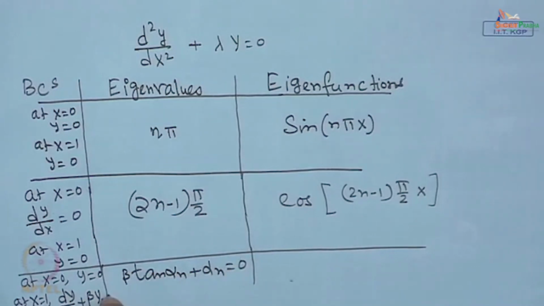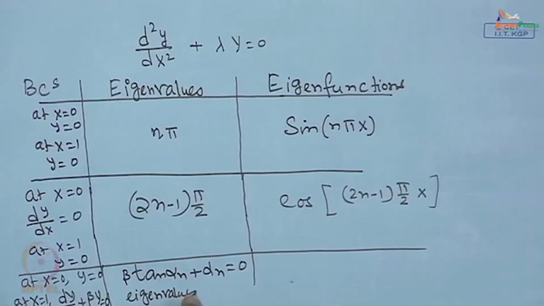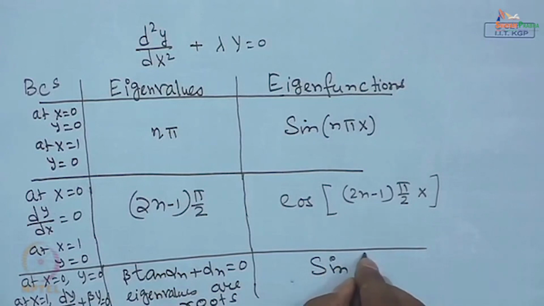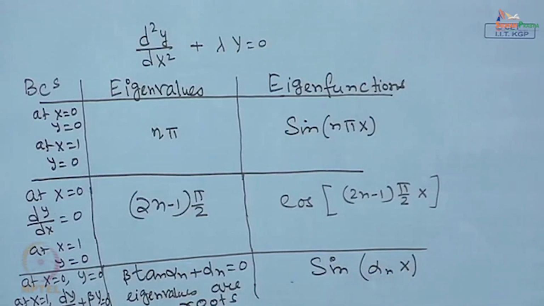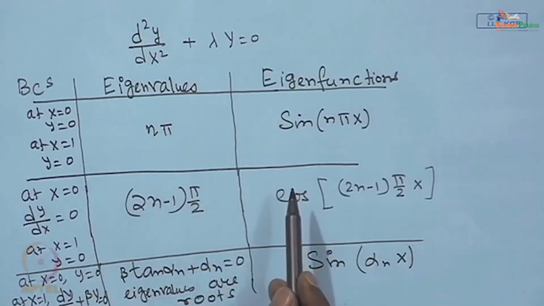So, eigenvalues are roots or zeros of this equation and the corresponding eigenfunctions are sin alpha n x.